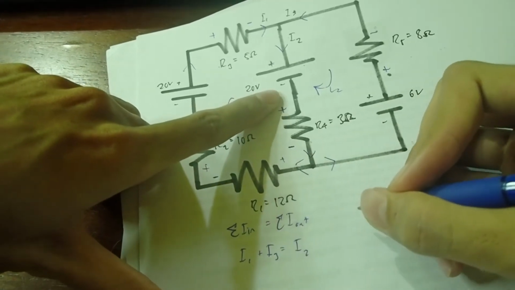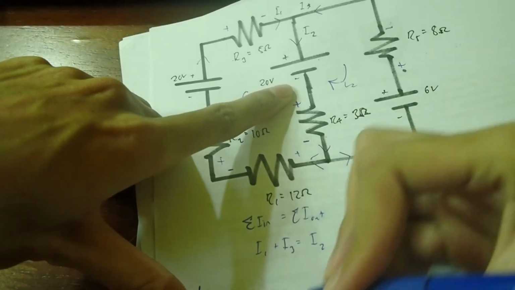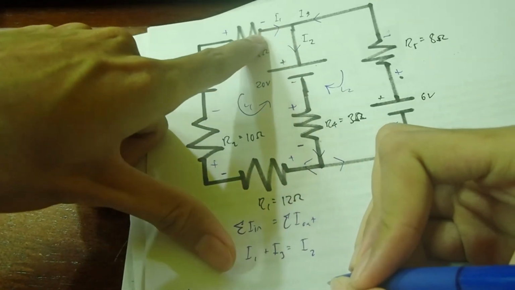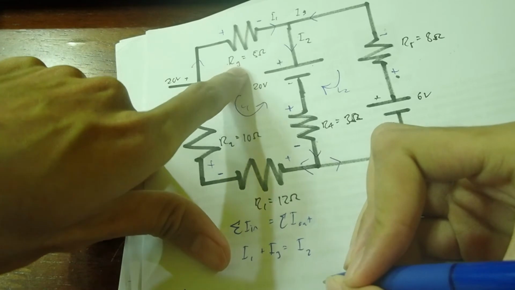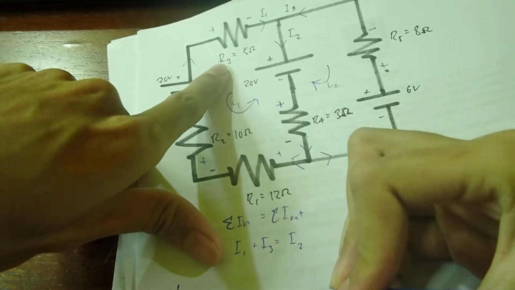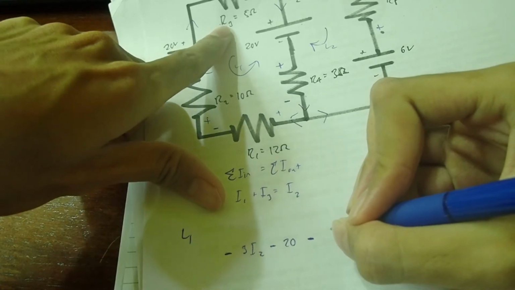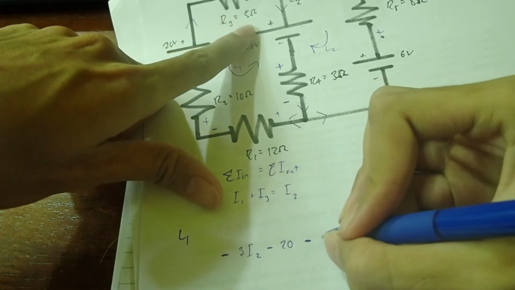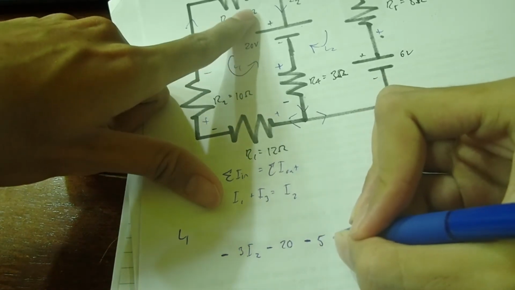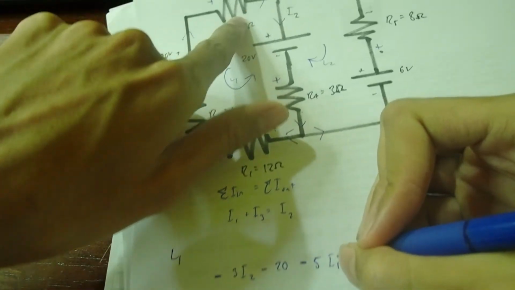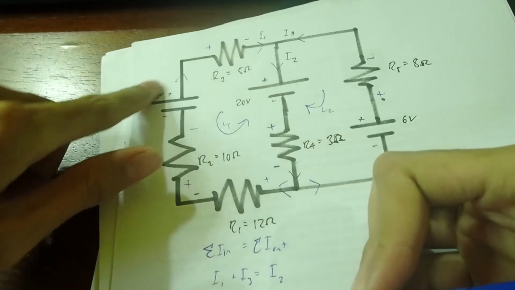And then we meet the negative terminal of this battery, so negative 20. We move along, and then we meet the negative side of R3. So we need to put a negative sign, and the potential difference is 85 multiplied with I1, since the current flowing into this component is I1.